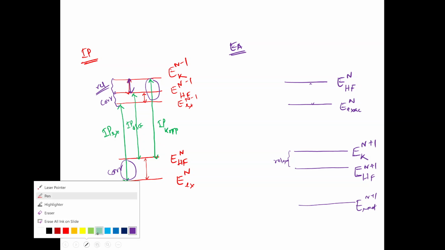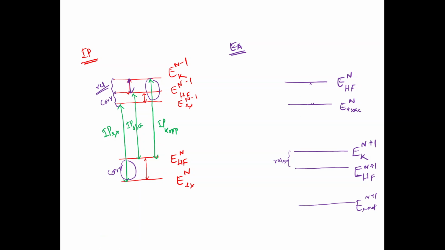Now look at the difference here. So this is your EA exact, and this is your Koopmans.